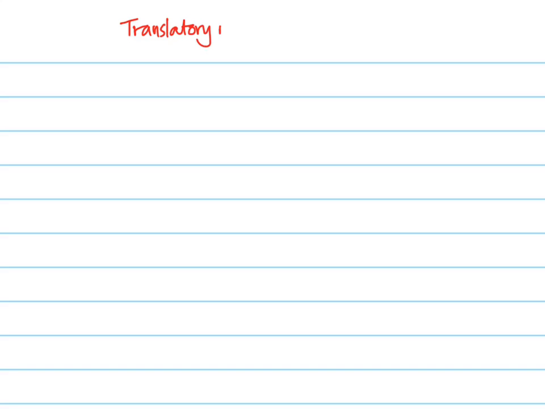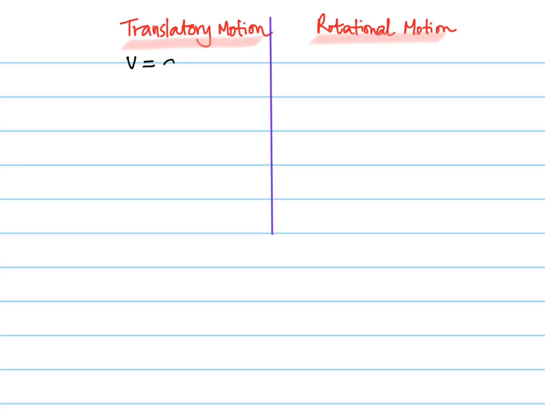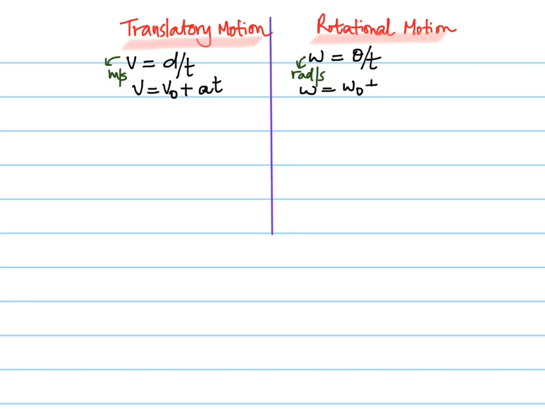This is again a comparison of translatory motion and rotational motion, which I already did, so I'll let it just run through. Linear velocity. Angular velocity. Linear velocity is in meter per second, and angular is in radians per second. I used V and V naught, doesn't matter.